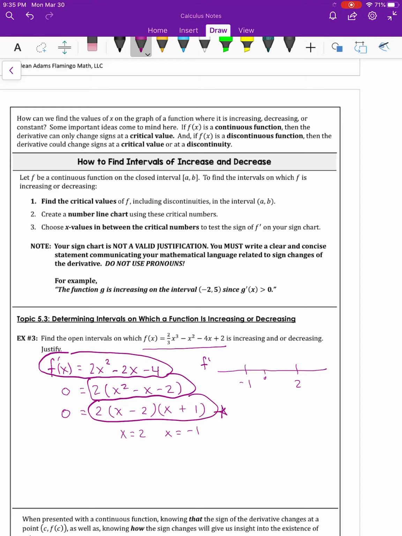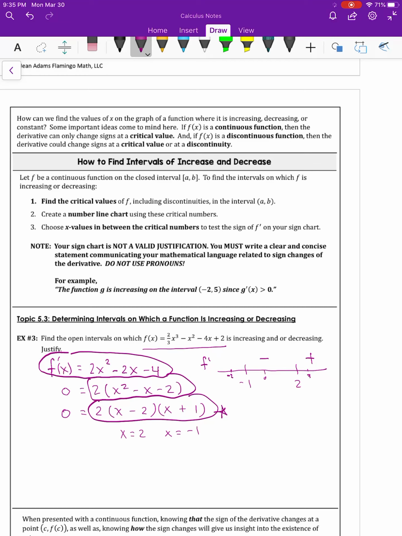So I'm putting in a number in between negative 1 and 2, and I chose 0. If I put 0 in, I'm going to have positive times negative times positive, which is going to be negative. The next one I'm going to try is a 3. If I put a 3 in, I get positive times positive times positive, positive.